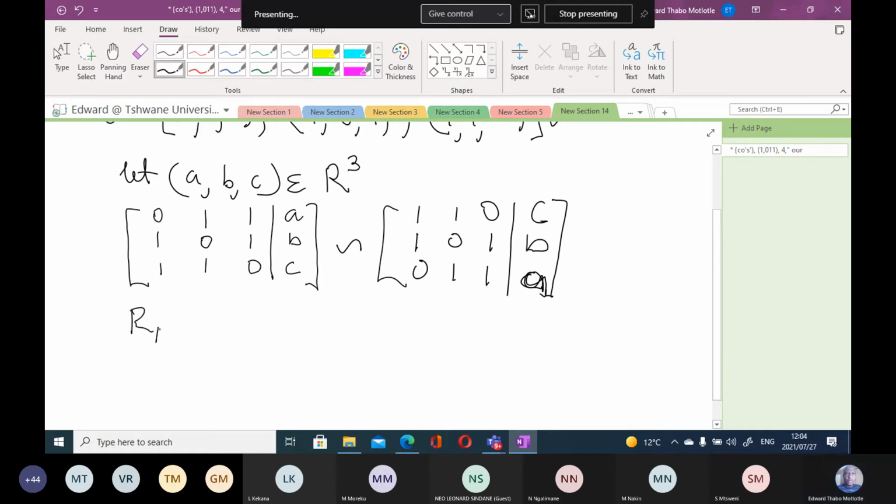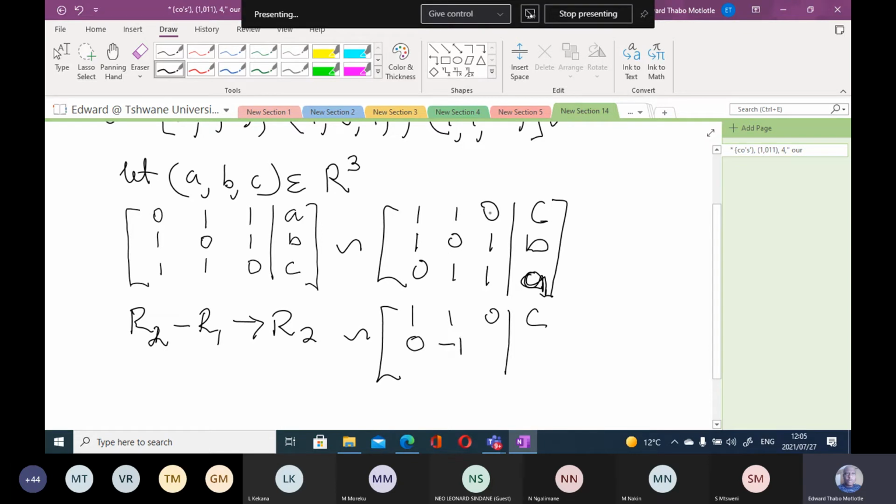Let's say R2 minus R1 equals R2. So this is equivalent to 1, 1, 0, C, and this is 0 based on this operation. Minus 1 and we add to 0, that will be minus 1.